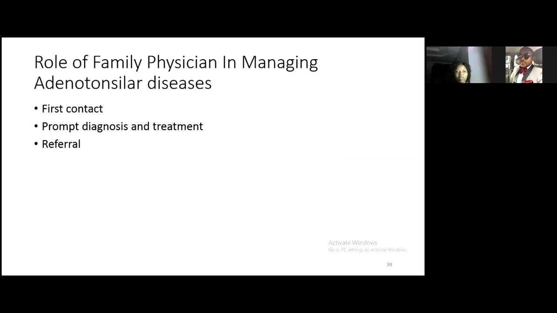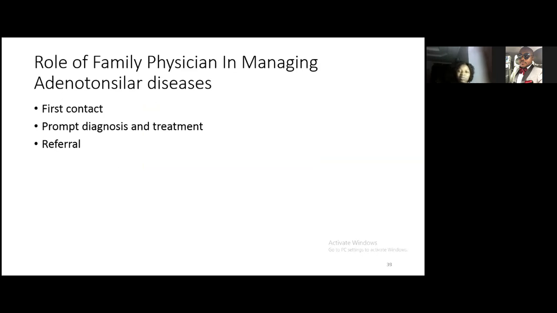So what's the role of the family physician in management of adenotonsillar disease? There's a literature I saw, which I think I included in my references. It was research done in Ekiti as recent as 2017 about adenotonsillar hypertrophy.